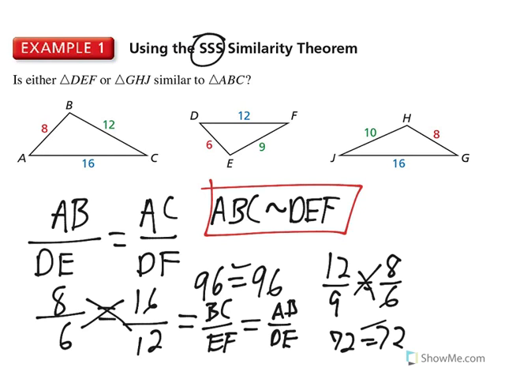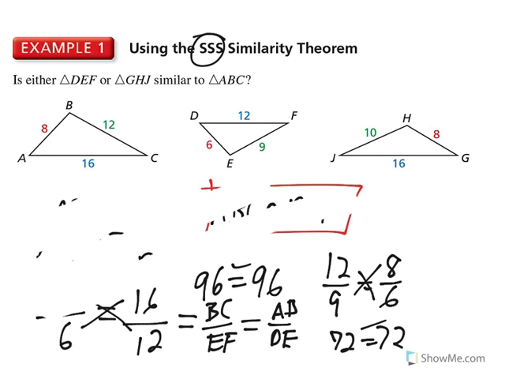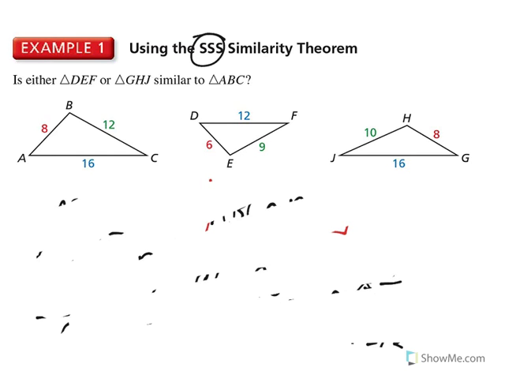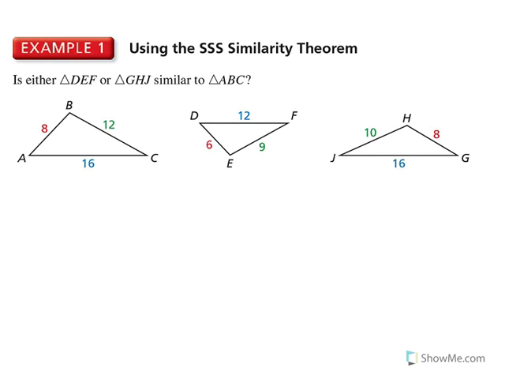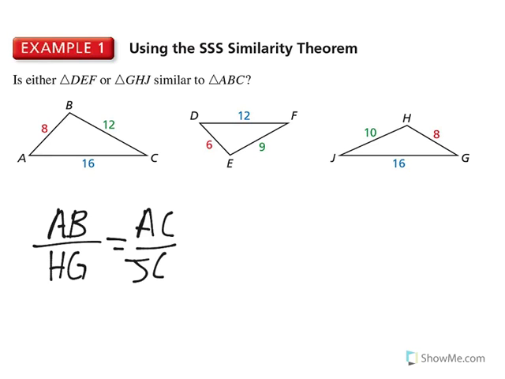So then we need to see about GHJ. So I'm going to erase all this. So GHJ, I'm still going to do my smallest with my smallest, my largest with my largest, and then obviously my middle with my middle. So if I set them all up, I would do AB in comparison to the smallest over there, HG, would need to equal my largest, AC, with my largest, JG.